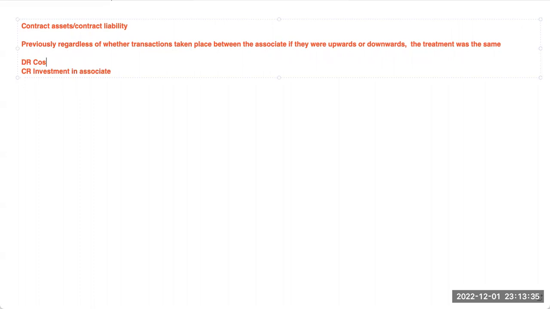So as we know, we have two kinds of operations, whether they are upstream or downstream. By upstream, it means that the sale takes place from subsidiary to parent, or in our case, from the associate to parent. And by downwards, we mean from parent to subsidiary, or from parent to associate.